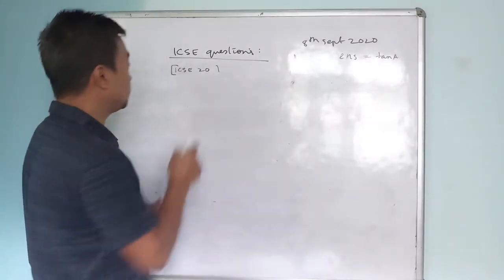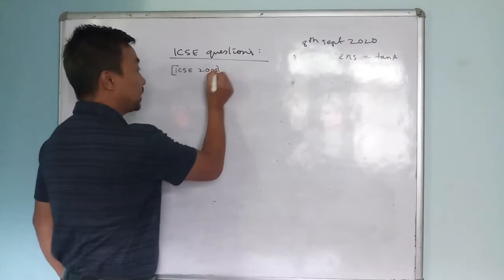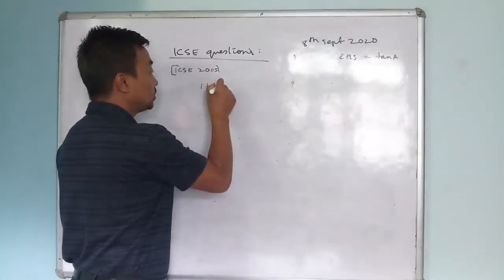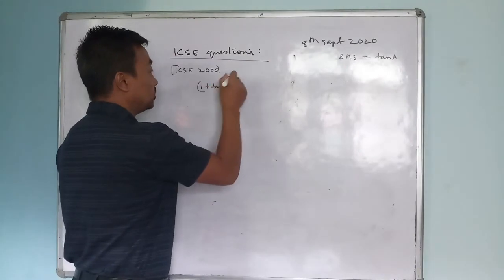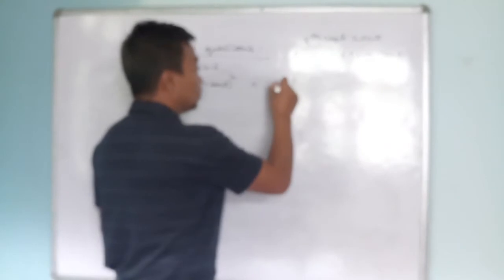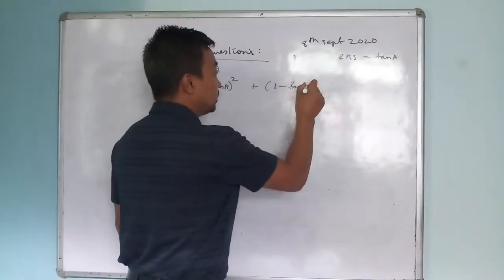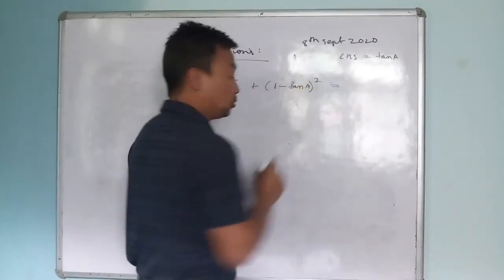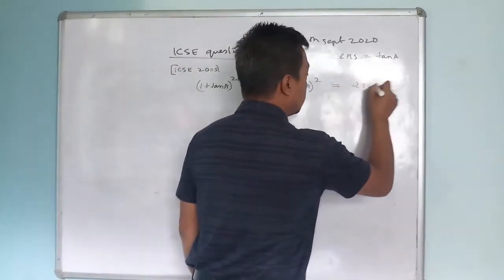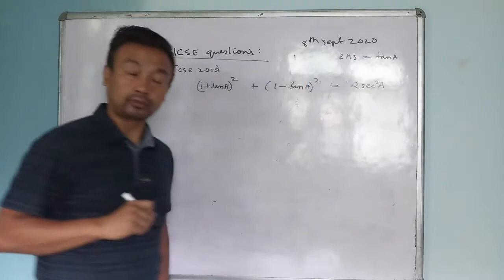But now look at this ICSE 2005, the last question for today. 1 plus tan A the whole square, plus 1 minus tan A the whole square equals the right hand side, which is 2 sec square A.